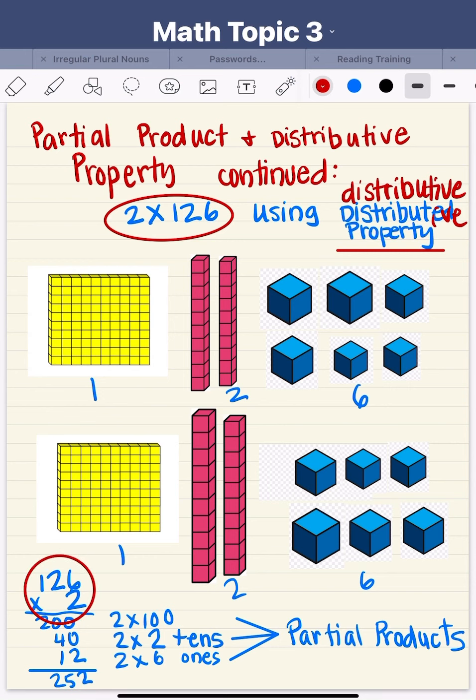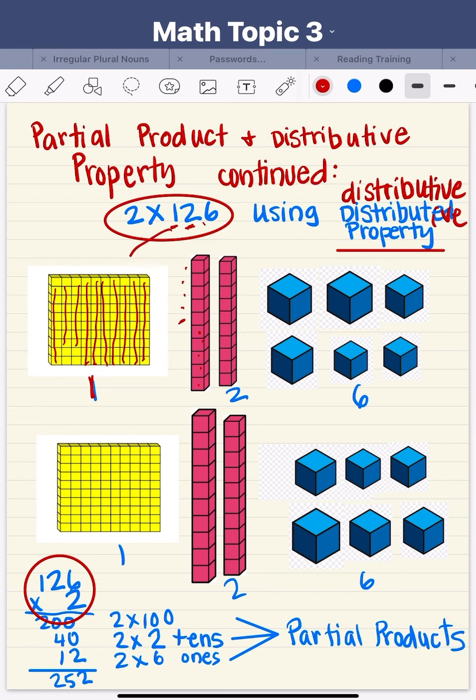I could use my place value blocks. I could have 100, and remember, if we count these, we get 10, 20, 30, 40, 50, 60, 70, 80, 90, 100. So there's 100 here, and then look, I have to add 2 tens, because there's 2 tens right there.